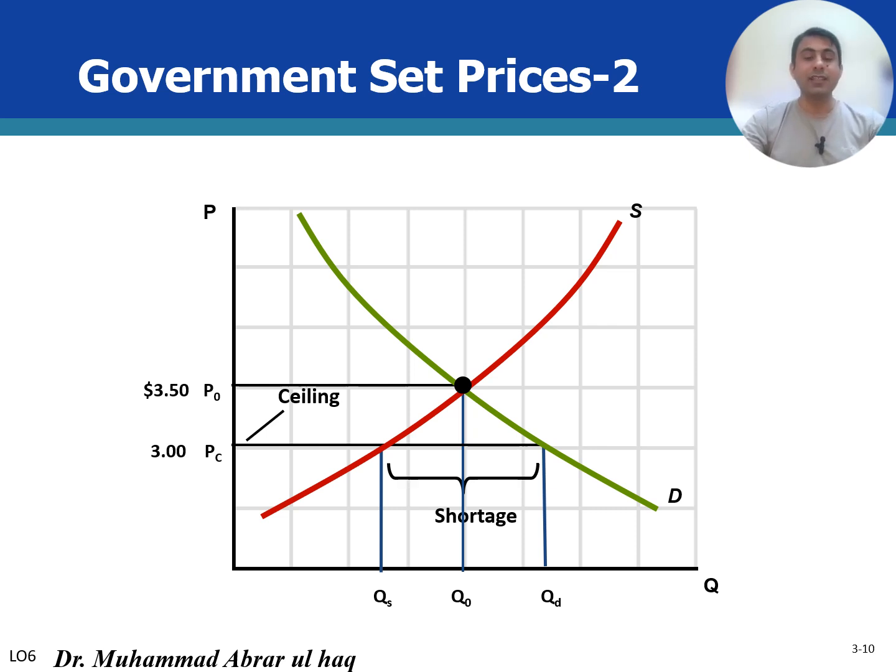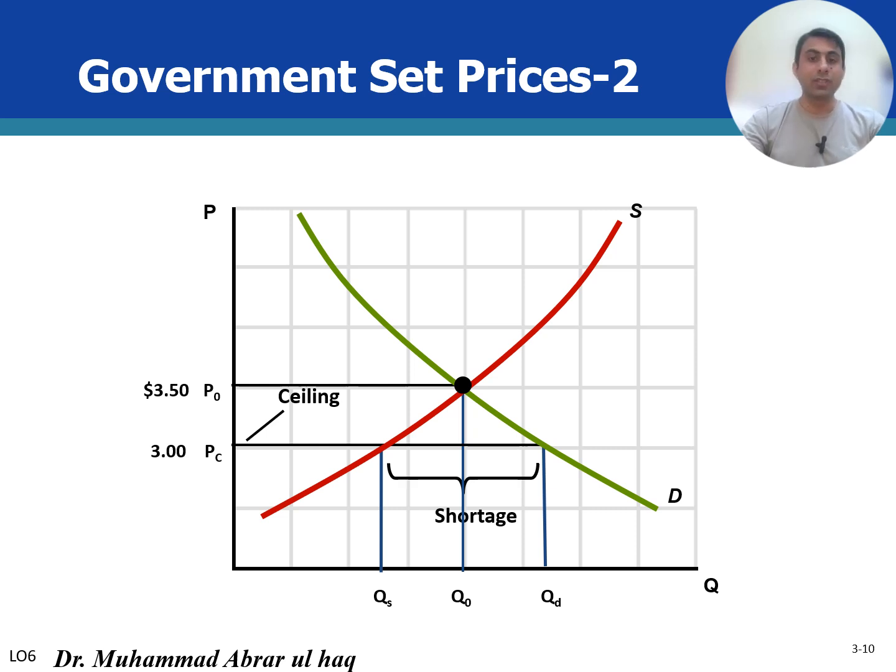So the price ceiling is set lower than the market price. When a price ceiling is set below the equilibrium price, which is where the quantity demanded equals the quantity supplied, it creates a situation where demand exceeds supply. So this leads to a persistent shortage of the product in the market.